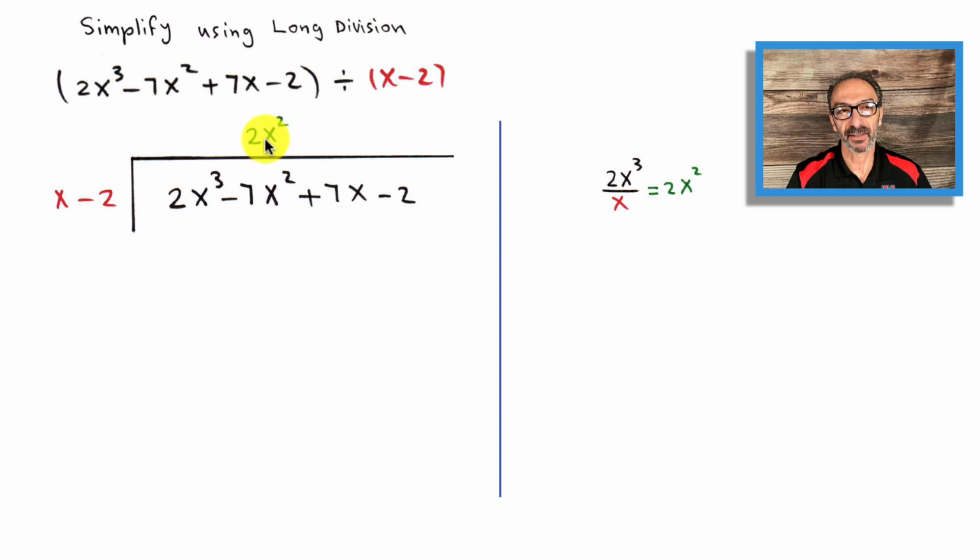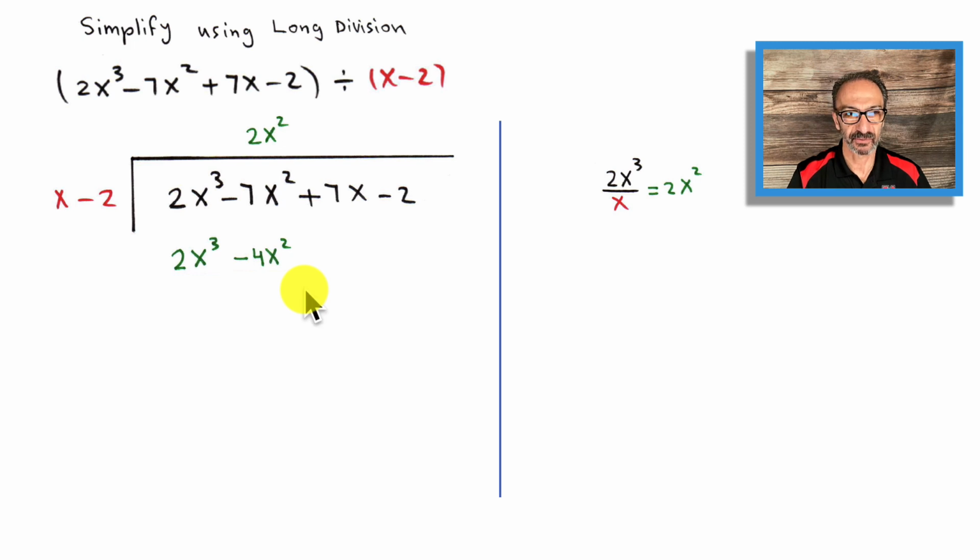Then we multiply 2x squared times x, and we multiply 2x squared times minus 2. And when we do that, 2x squared times x is 2x cubed. 2x squared times negative 2 will be minus 4x squared.